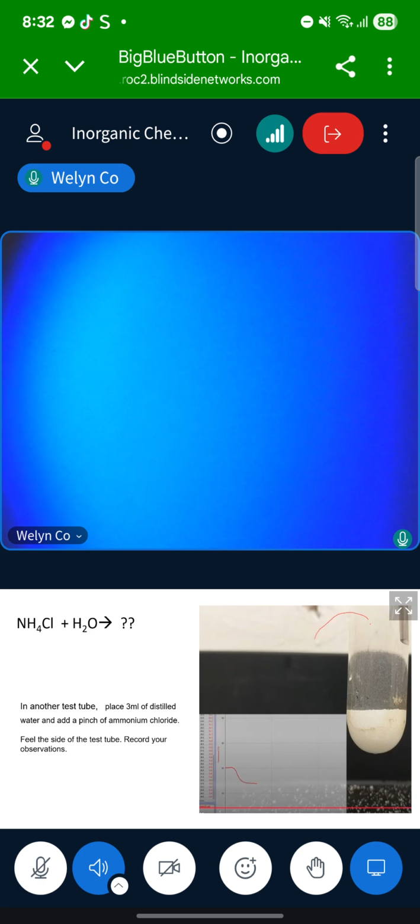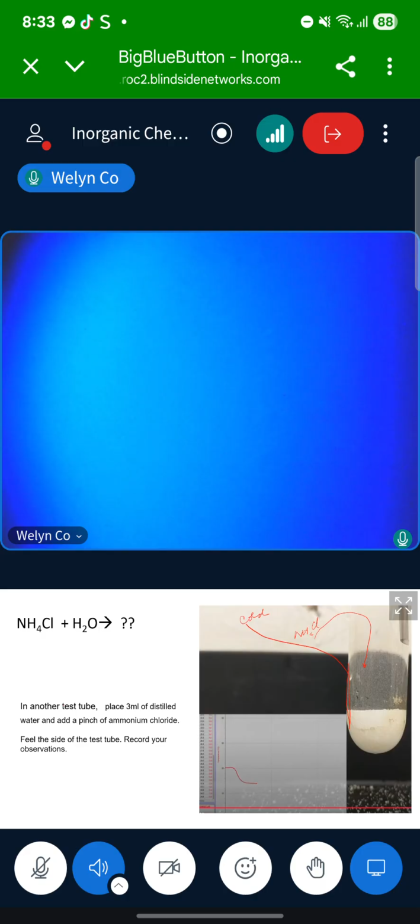So upon adding your ammonium chloride NH4Cl into the solution, when you feel it here at the sides of the test tube, it is cold. So it means that there is a release of, kumbaga, energy while the process is going on.